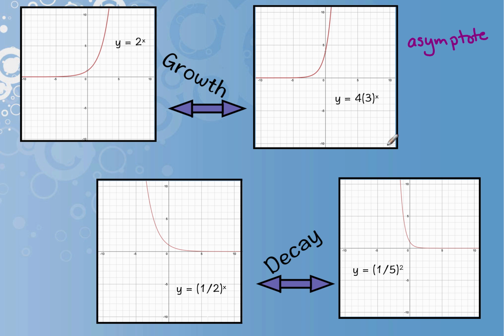That's the game that you like to play to annoy your little brother or sister, where you put your finger really close to their head and go, I'm not touching you, I'm not touching you, I'm not touching you. That's what's happening here. Though these graphs look like they're touching the x-axis, they're not. They're getting so close to the x-axis, but they're not really touching it. So if I were to zoom in, you would see that there's definitely some space between their graph and the asymptote of the x-axis.